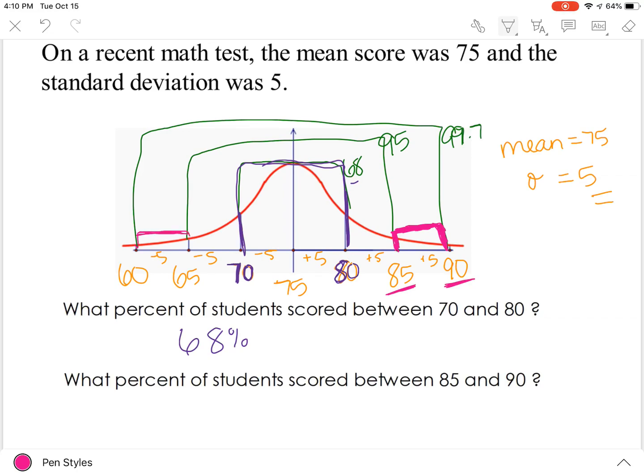So these two areas would represent the difference between 95 and 99.7. That would be about 4.7, but our area is just half of that, right? So half of 4.7 leaves us with about 2.35% scored between 85 and 90. Okay, so that is how we fill out our normal curve and answer questions about it.